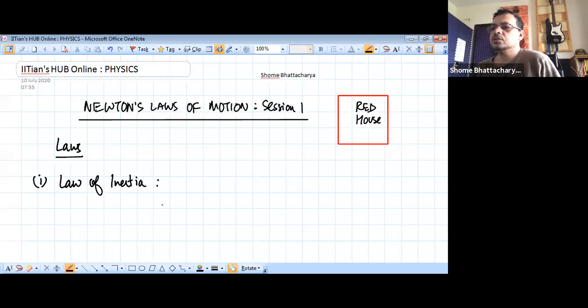It's not a mathematical equation, rather it's a simple principle that gives us the understanding of the property of inertia.